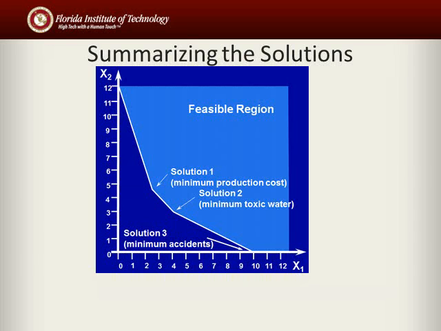If none of these solutions are acceptable, then the decision maker may wish to explore other non-corner point solutions, feasible but non-extreme point solutions. Maybe the decision maker will be better off selecting a solution that is around this area, or another solution at this point, or at that point.